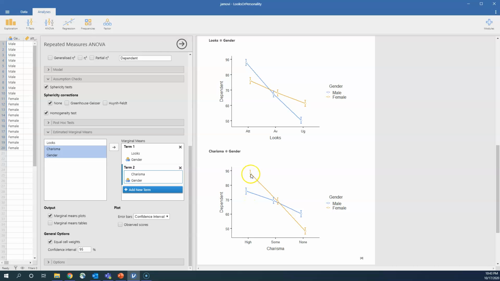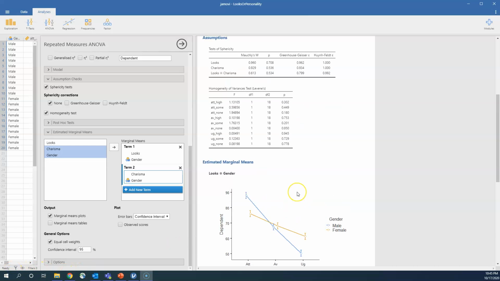Females are rating their highly charismatic dates as off the charts, and their dullard dates they're rating as very, very unenjoyable. But men, they don't seem to care as much about the charisma of their dates as women do. They get a little bit of a bump here if they're highly charismatic, and a little bit of a drop if they're a dullard, but it doesn't seem to matter as much to men how charismatic the dates are.